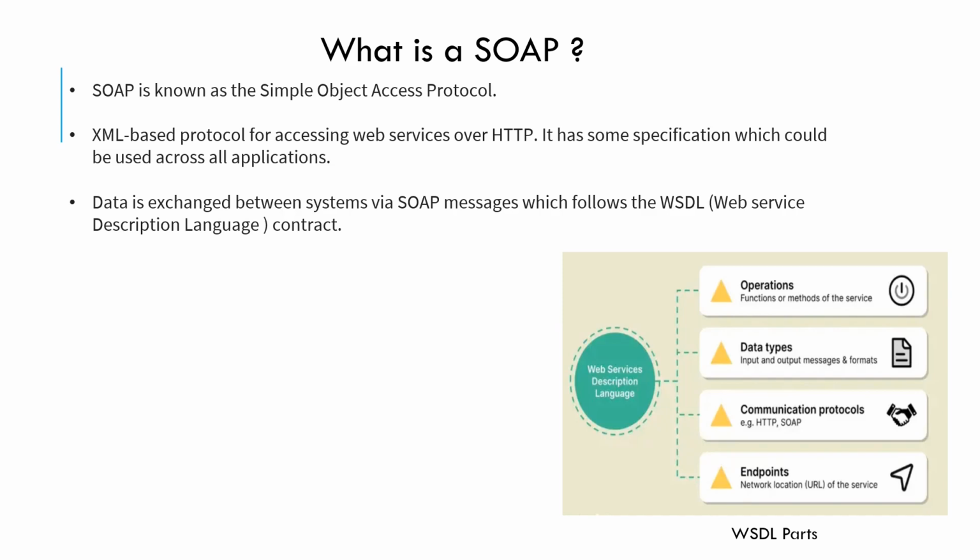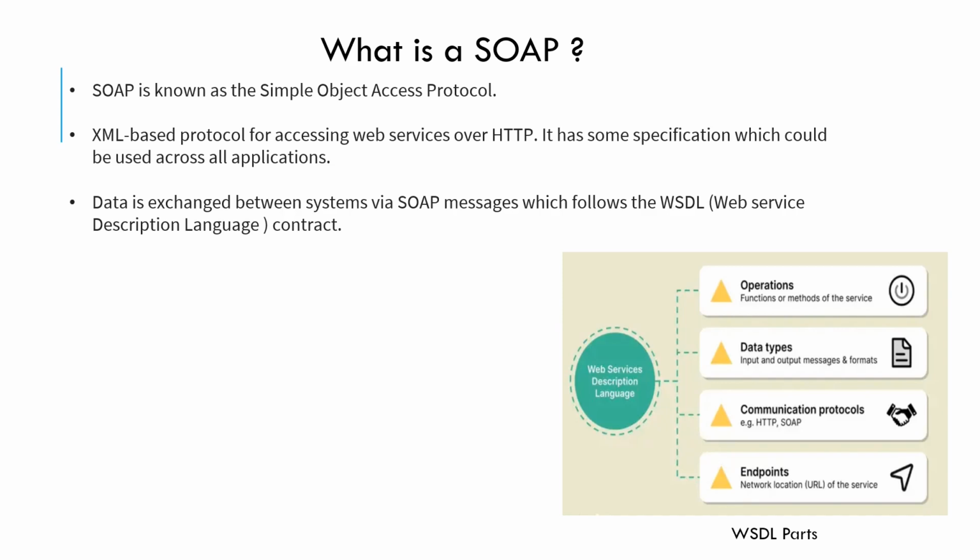So whatever operations you want to perform, for example, if you are trying to develop a SOAP web service for an e-commerce application, maybe you can have get order, create order, right? And also the payment service, right? So all those operations we can define in the operations section of the WSDL.